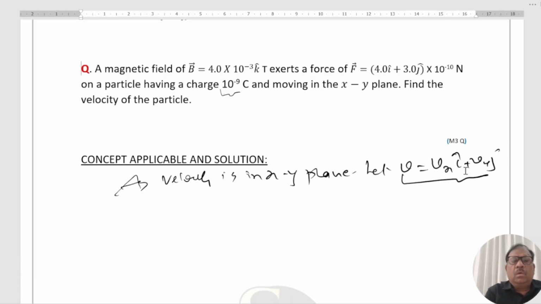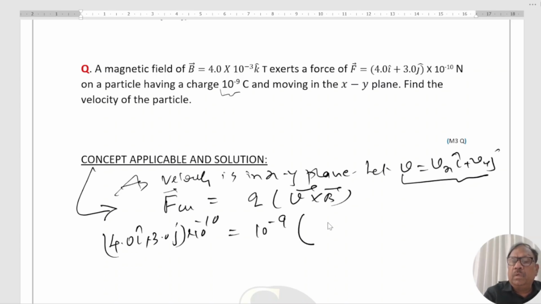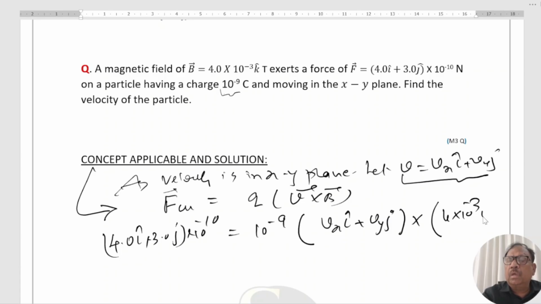The concept applicable is that when a charged particle enters a uniform magnetic field, it experiences a magnetic force given by Q V cross B. So the given force, (4.0 i plus 3.0 j) × 10^-10, equals 10^-9 times (Vx i plus Vy j) cross 4×10^-3 k Tesla.